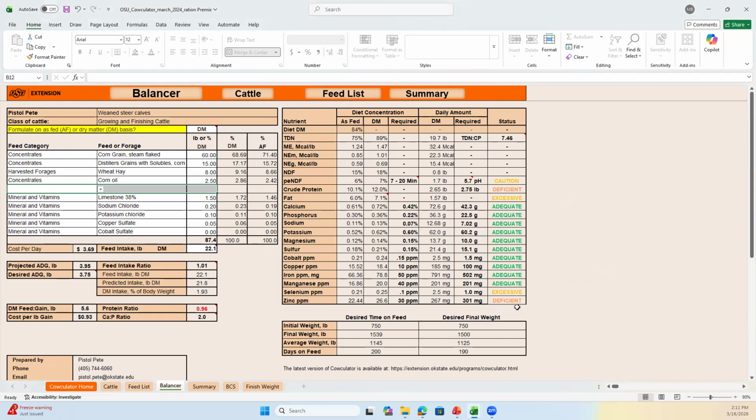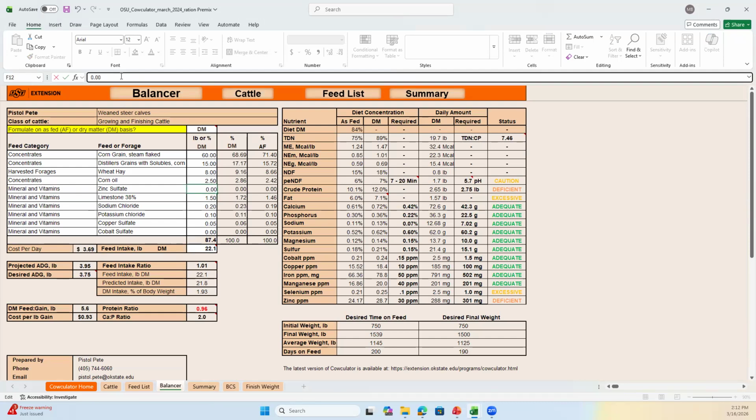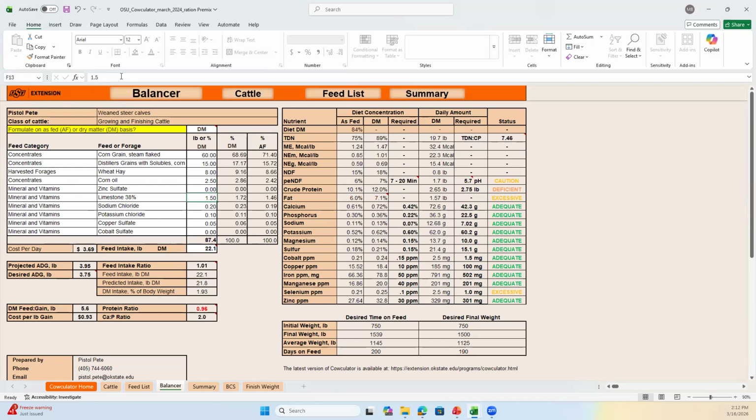Now let's bring in zinc. Okay, 0.0015 got us there. Okay.